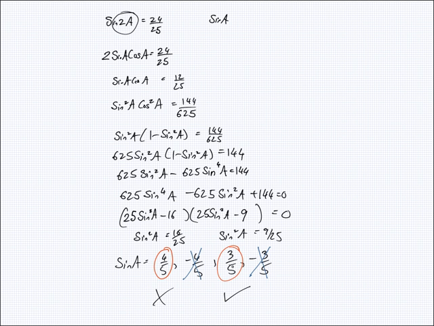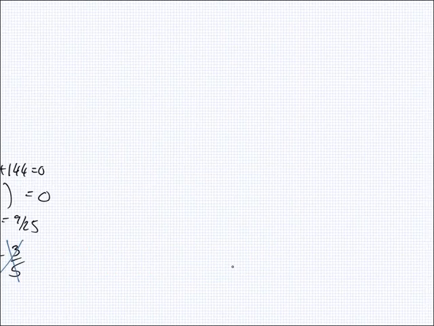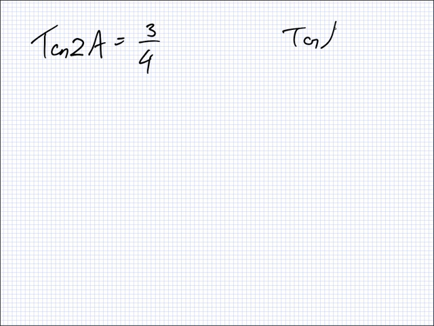I think this one is a little bit too hard for an MCQ exam. It takes too long. But the example now I'll do with you I think will be the right level of difficulty. Again, all angles are acute. And we'll say tan 2a is 3 over 4. And I want to know what tan A is.